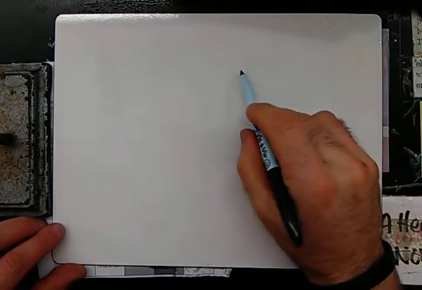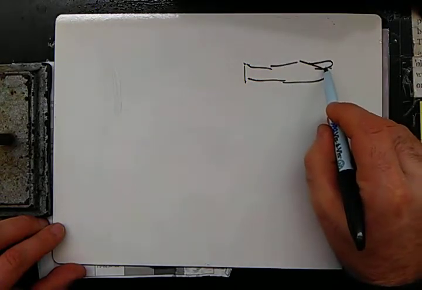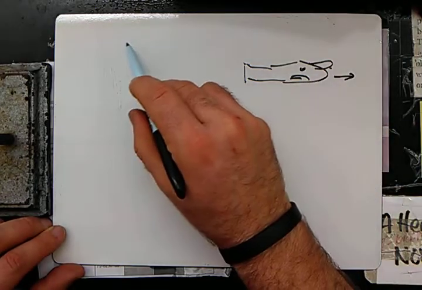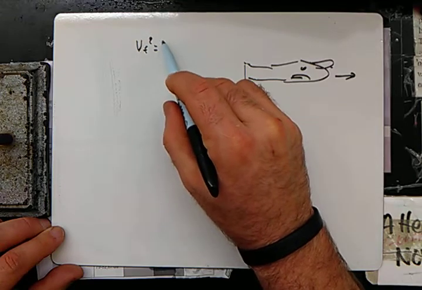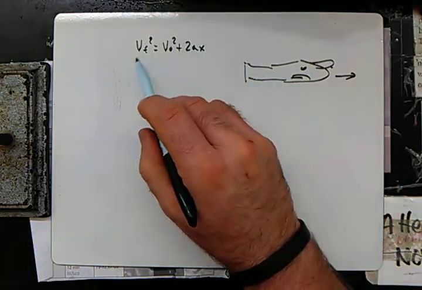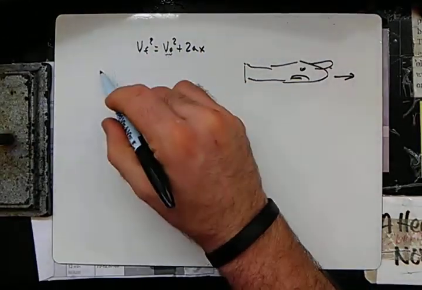Let's look at our whale question again. We've got a whale here, and it's moving. Vf squared is v naught squared plus 2ax, where we're looking for the initial velocity.